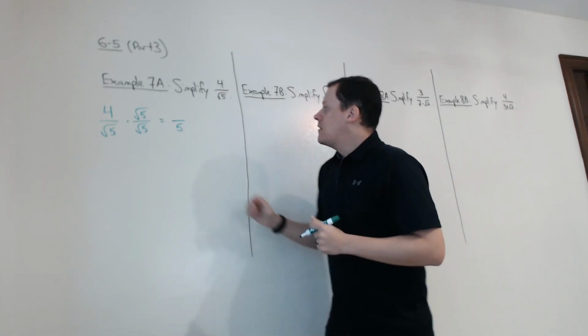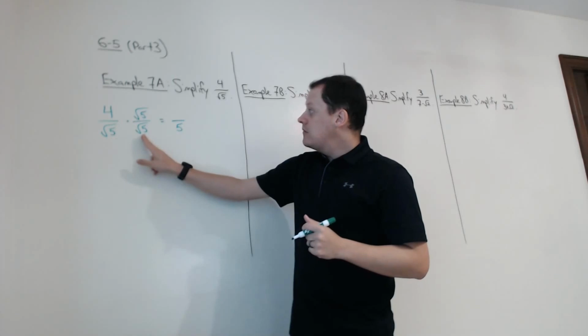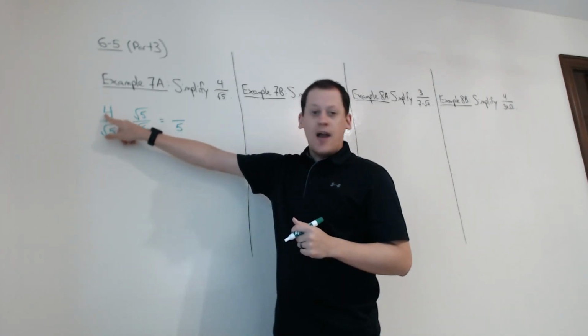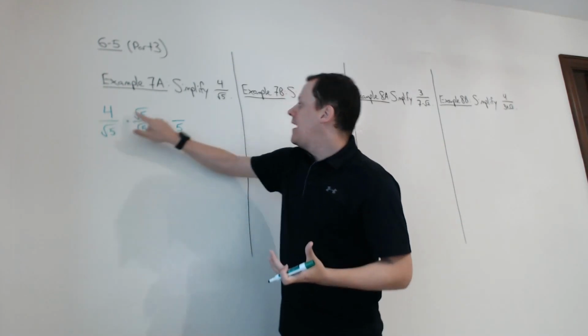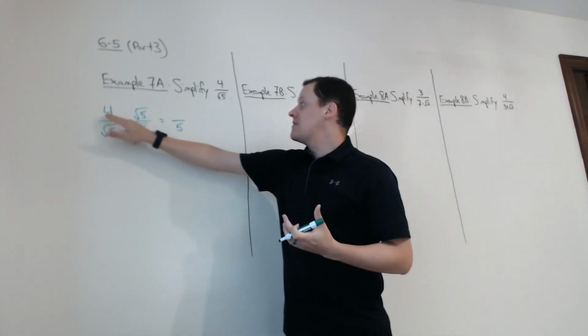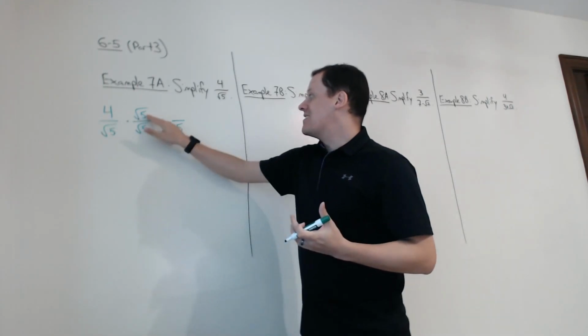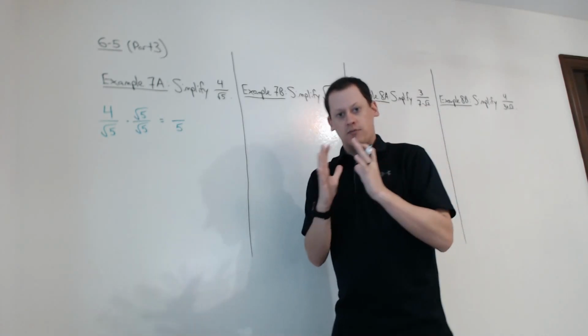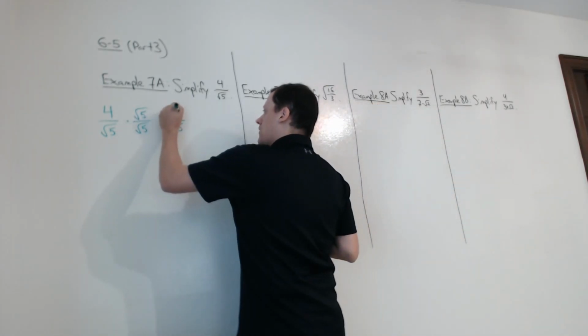So on the bottom, we know these two things multiplied together makes 5. But on the top, we have a 4 outside of a root and a 5 inside. And we are multiplying these two things, but since this is outside and this is inside, we can't put them together somehow, so we'll just squish them. This is just 4 square root of 5.